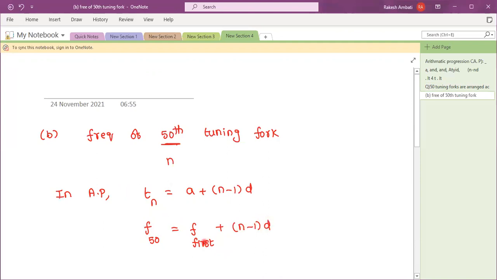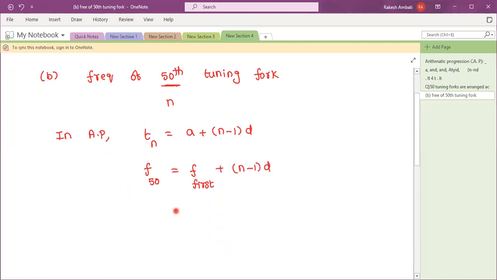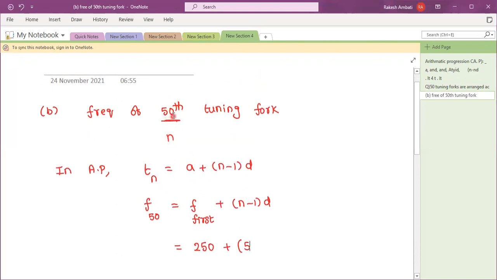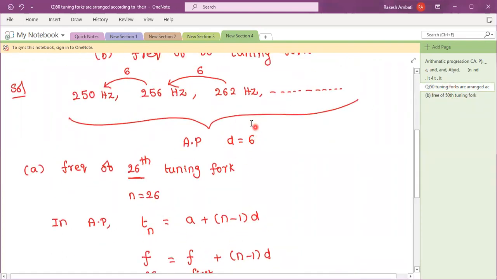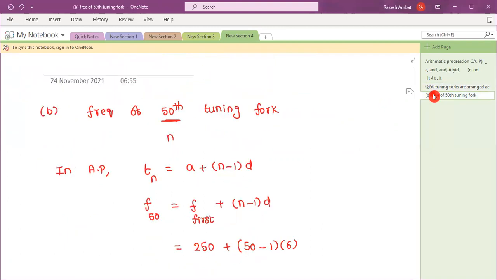In this equation, the frequency of the first tuning fork is given as 250, plus n value 50, so 50 minus 1, and the d value is 6.